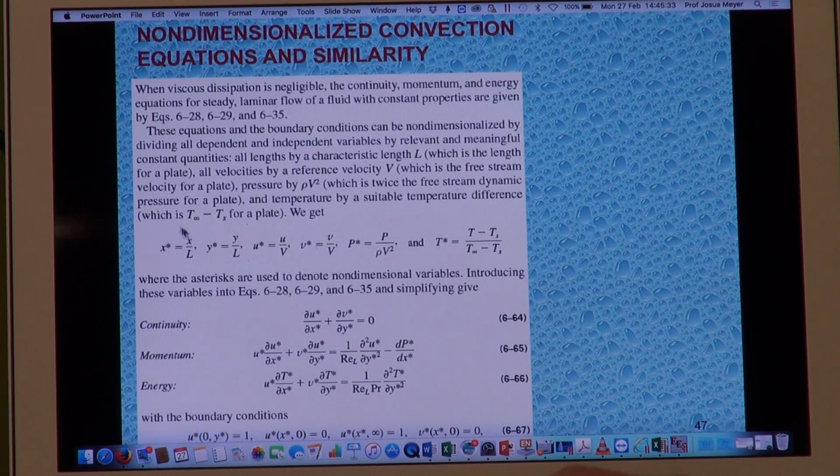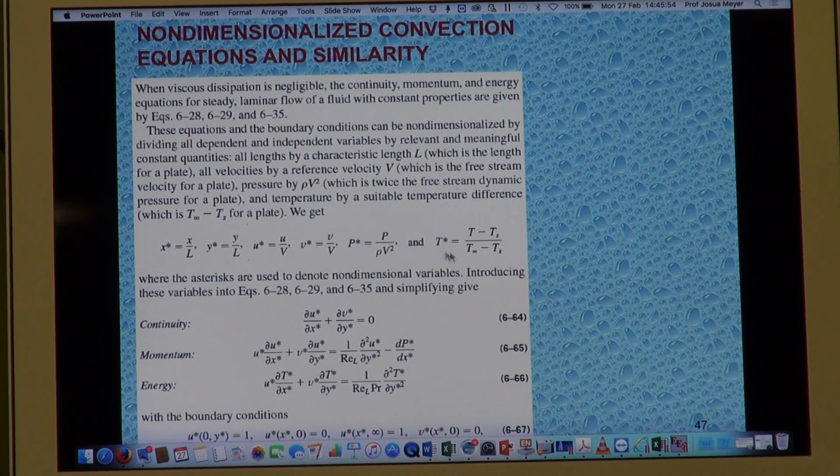So x star is equal to x divided by L. Y star is equal to y divided by L, etc. The pressure is equal to the pressure divided by rho v squared, and the non-dimensionalized temperature is equal to T minus Ts divided by T infinity minus Ts.